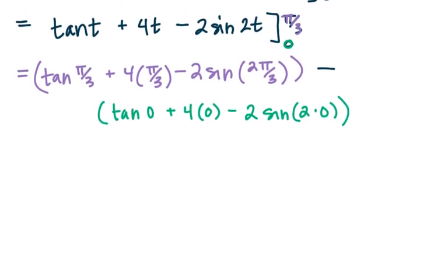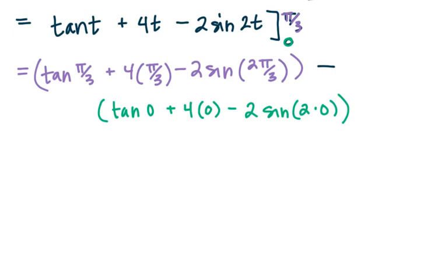So evaluating all of these terms here, tangent of pi over 3 is square root of 3. I've got plus 4 pi over 3 minus 2 sine at 2 pi over 3, or 120 degrees, is root 3 over 2.